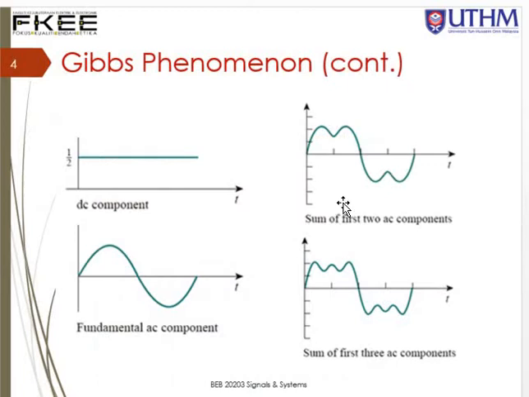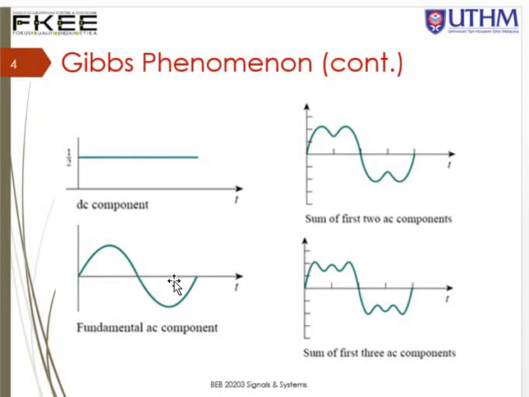If you look at this one, it's a fundamental AC, just like the first one. And then you have the two AC component. Two AC component is a combination of two fundamental signals. And what about three AC component? It means that you have a combination of three AC components. So this is only one.